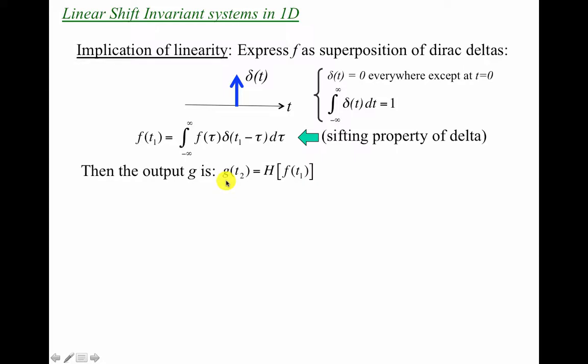Now, if we go back to our system description with output g and input f, and note that we have different indices here, t1 for f and t2 for g, to highlight the fact that our system H may operate on f over all time points in order to obtain the value of g at a single time point t2.